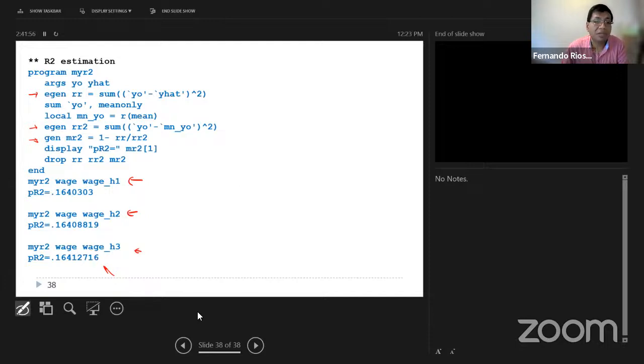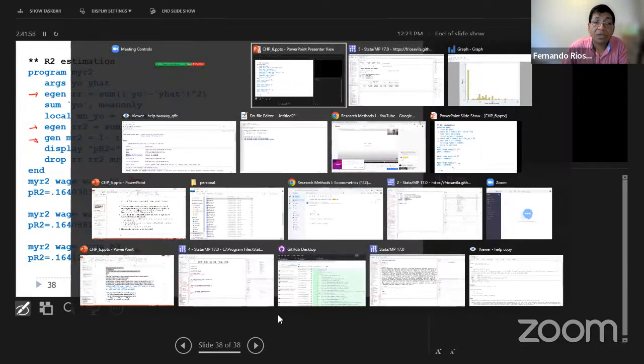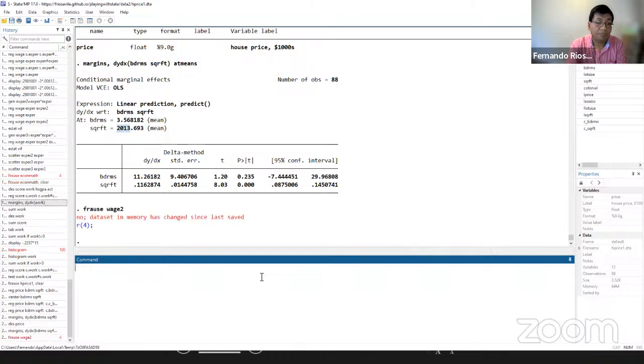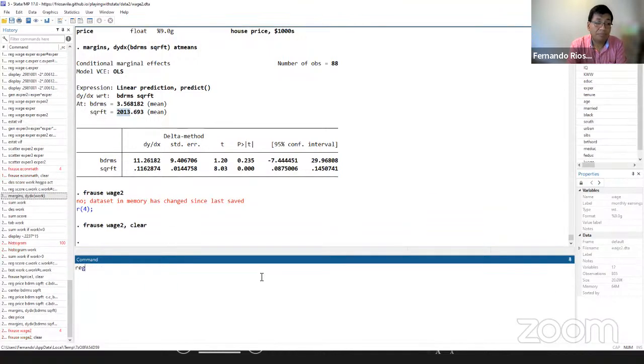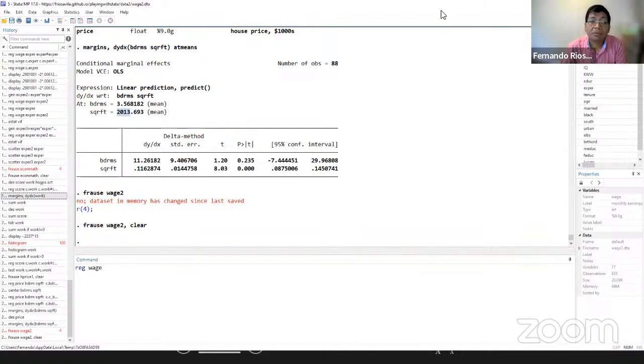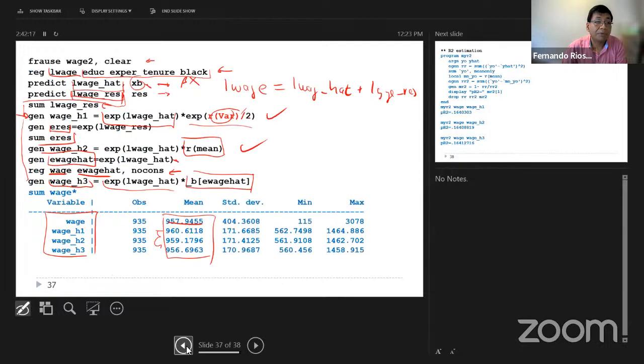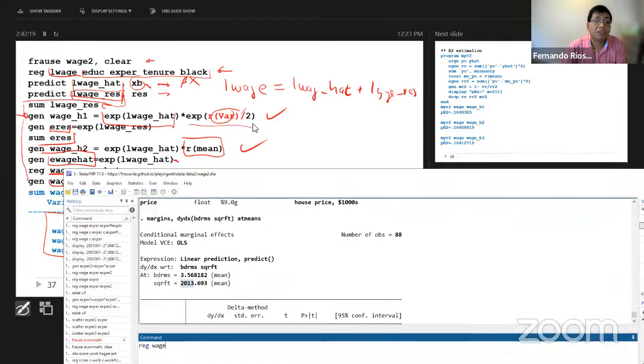And something else, and I think I can show you that clearly on this data. The model was wages as a function of education, experience, tenure, and blood.